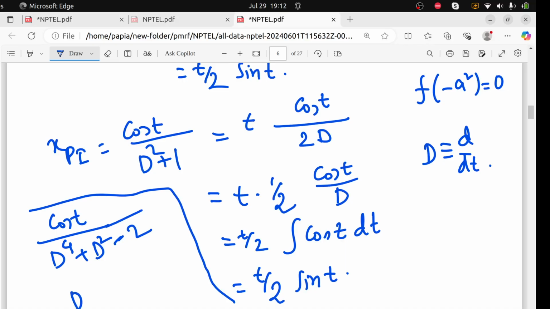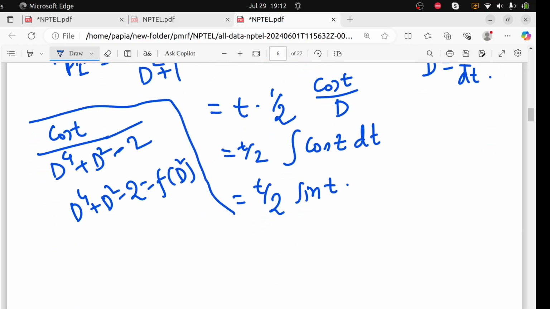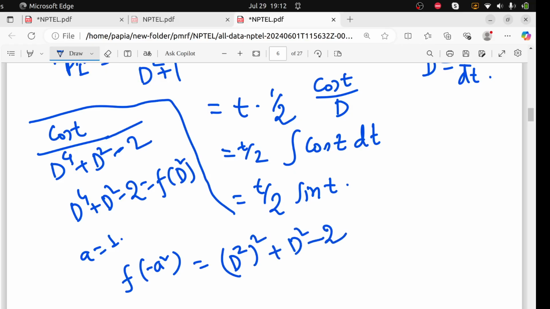First of all, we have to check D to the power 4 plus D square minus 2. This is f of D square, and whether it is giving us the 0 value or not. So a is 1. So f of minus a square, that means D square will be replaced by minus a square. You can see D to the power 4 means I can write it like D square whole square plus D square minus 2. So D square will be replaced by minus a square. That means minus 1 whole square plus minus 1 minus 2. So it is coming as 1 minus 1 minus 2.